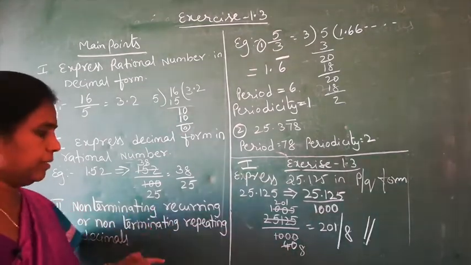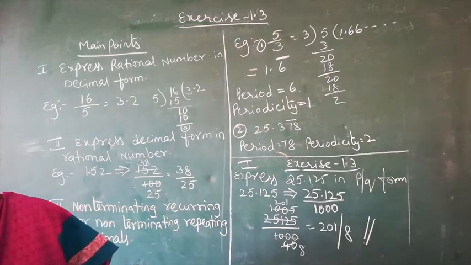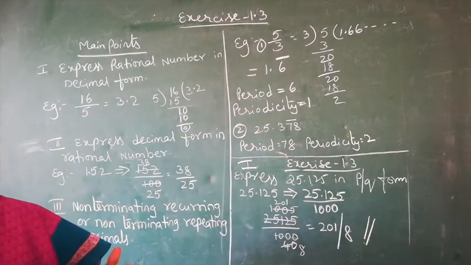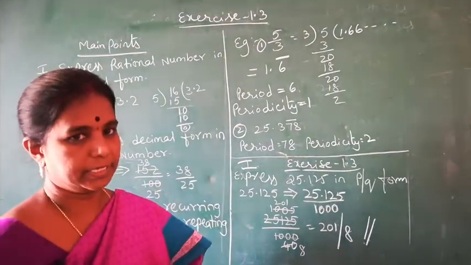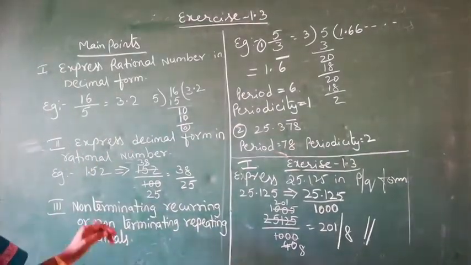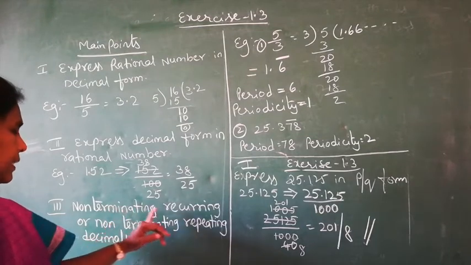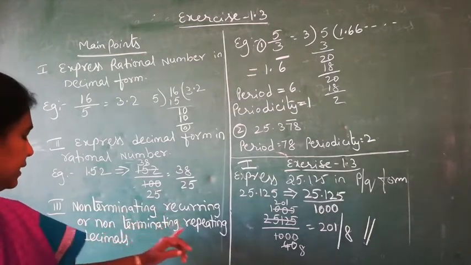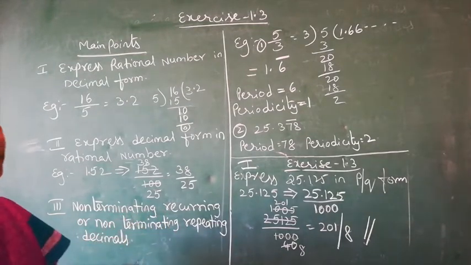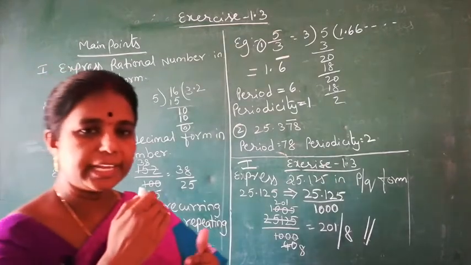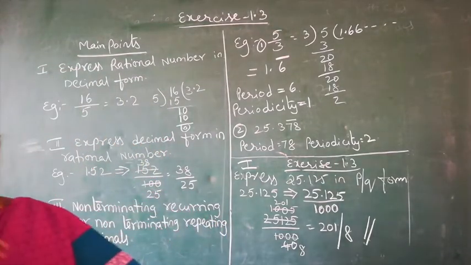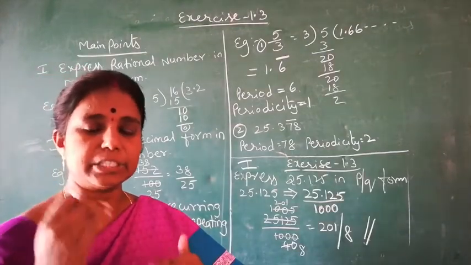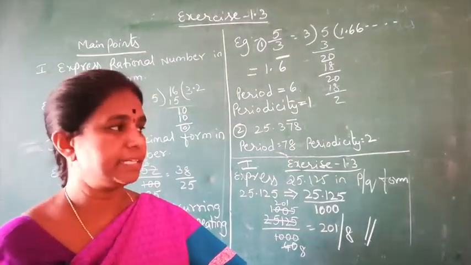Recurring means repeating: the remainder repeats, and the digits in the decimal form also repeat. Now non-terminating recurring decimal means, first point, the remainder won't get 0; second point, the remainder and digits in the decimal form will be repeated.